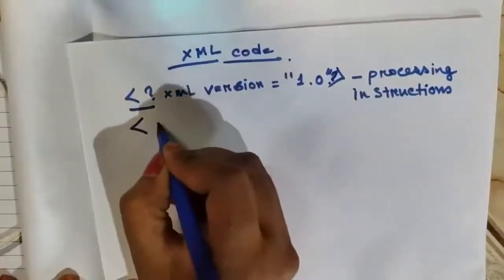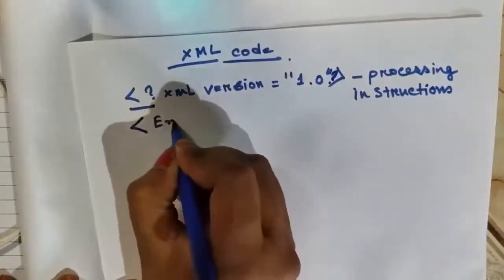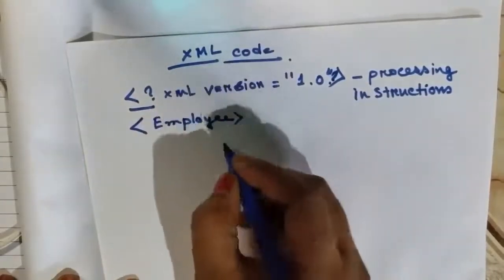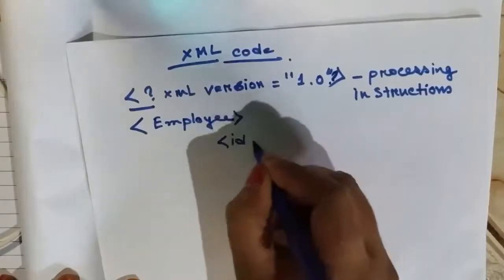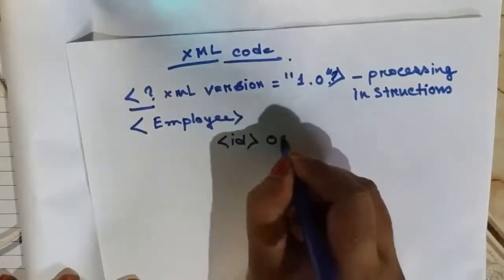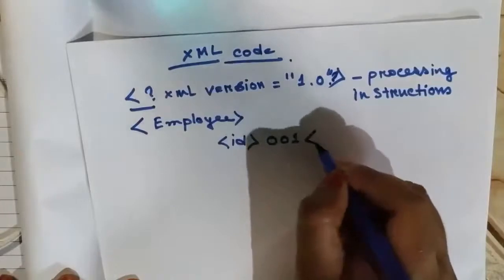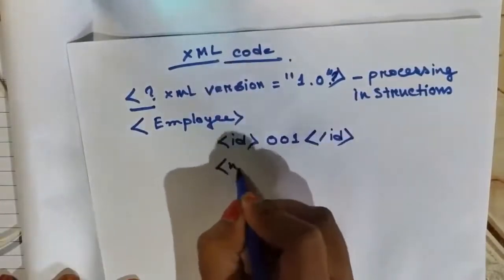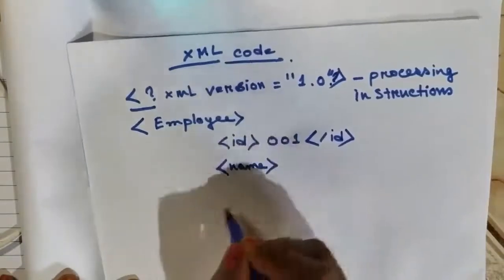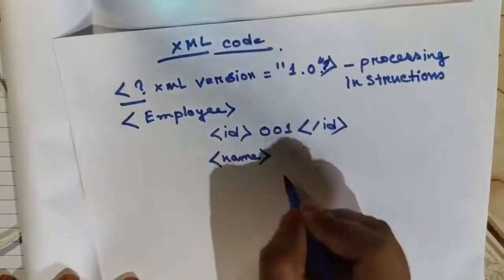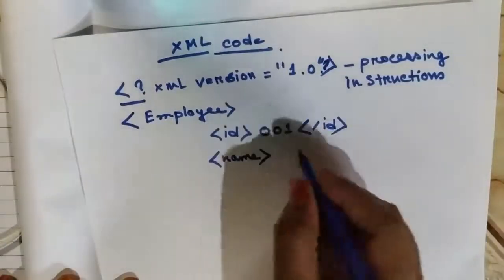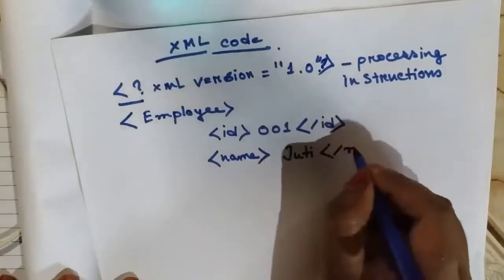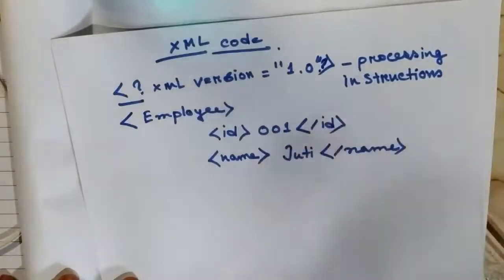Next line, suppose employee, then ID, then 001, suppose, and then ID should close. Then the name of the employee, suppose my name I have given, so name is closed.